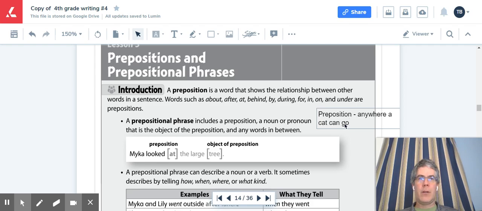So a cat can go over the couch, under the couch, around the couch, on top of, behind.